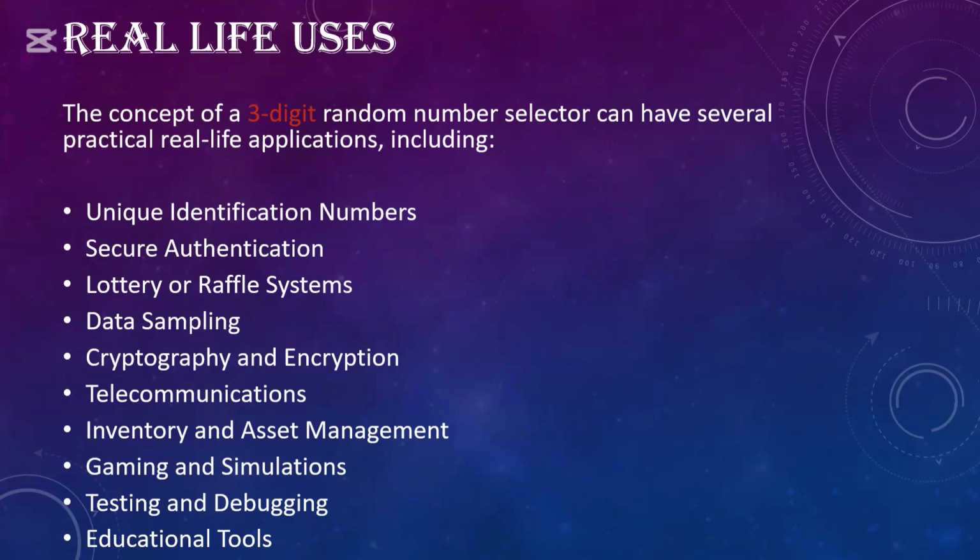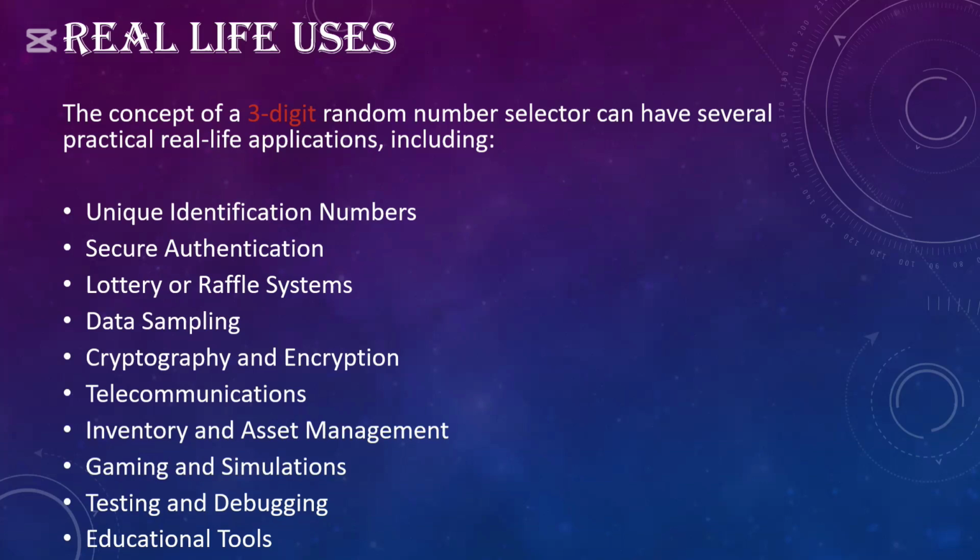Number 3, lottery or raffle system. Randomly selecting winners in a fair and unbiased manner for lotteries or giveaways. Number 4 is data sampling. Selecting random samples from large data sets for testing, analysis, and surveys.